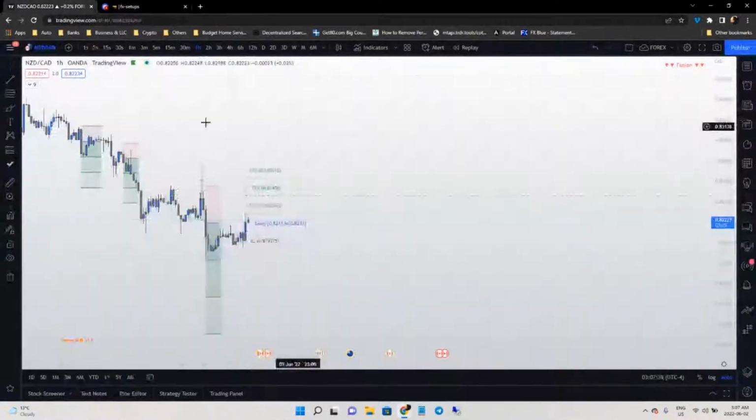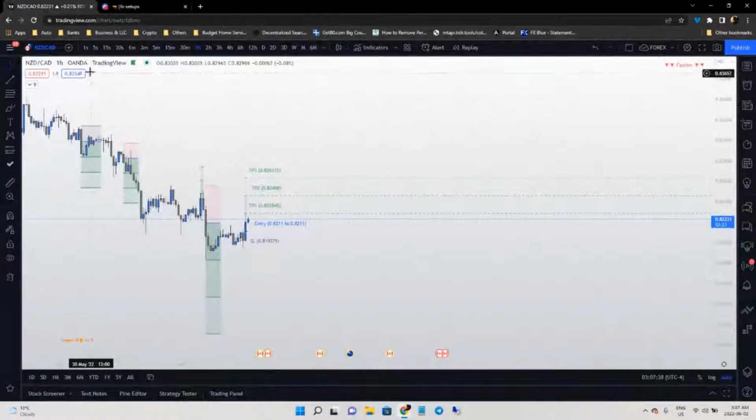It's based on TradingView, and the feed is Oanda. So you can still use it with any other broker when you receive the alert, but the feed that we use is the Oanda feed. The feed could change in the future, but for now this is the actual feed we're using.